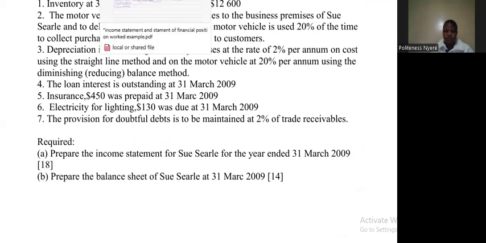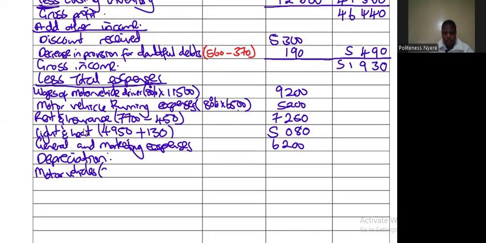So 20 over 100 times 20,000 minus 15,000, then multiplied by 80%. 20% of 5,000 gives 1,000, and 80% of 1,000 is 800.